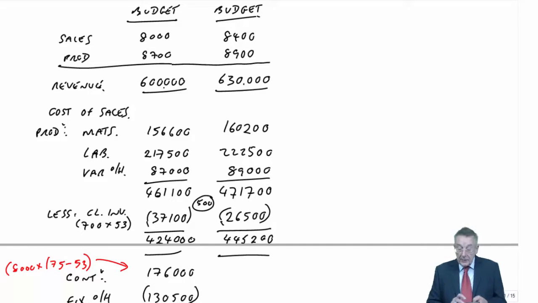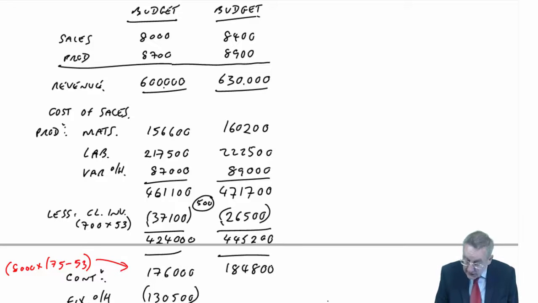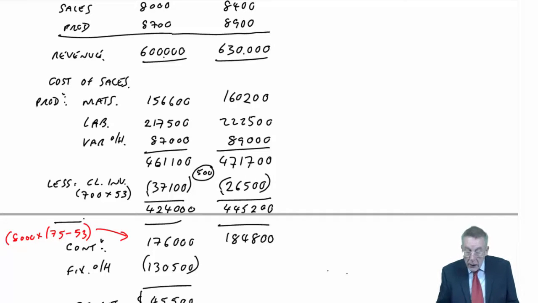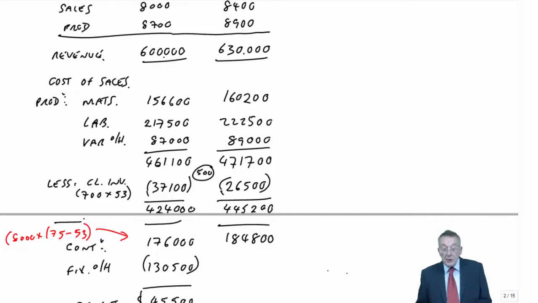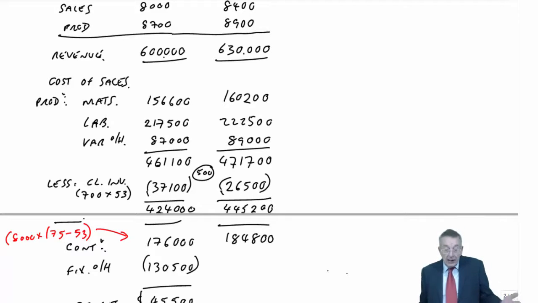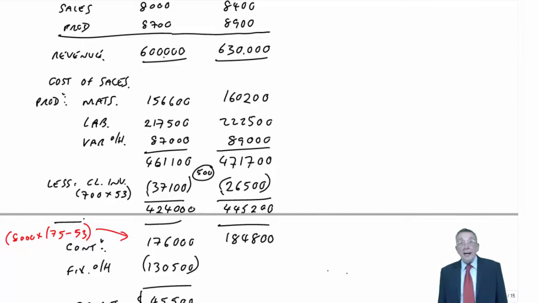Revenue 630,000, cost of sales 445,200, a contribution of 184,800. And again, I can check that. Remember, each unit should be giving me $22 contribution. If we sell 8,400 at $22 each, yes, we should now be expecting 184,800.